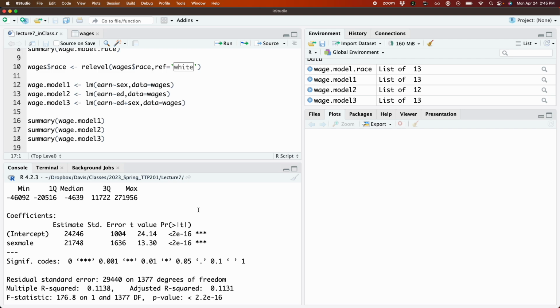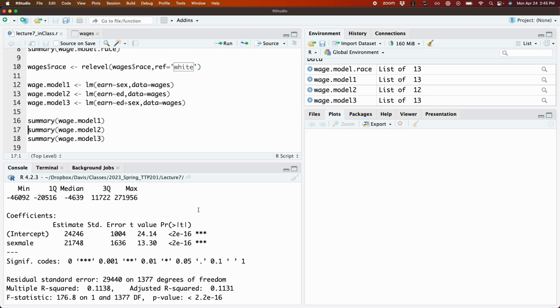Female's left out just because F comes before M. So that means on average in our data set, females make $24,000. And that is statistically significantly different from 0. And on average, if you are a male, you're making, what is this 21,720? 21,000 more or something. Exactly, yeah.